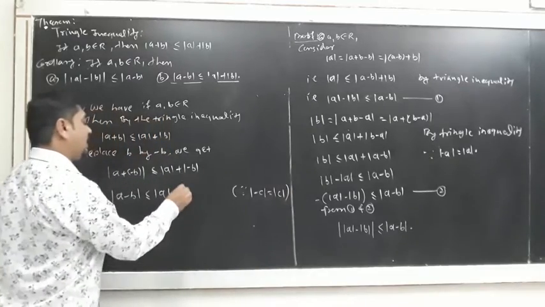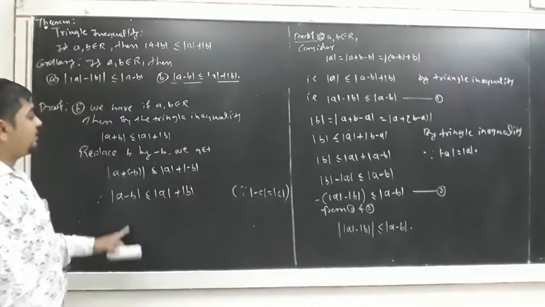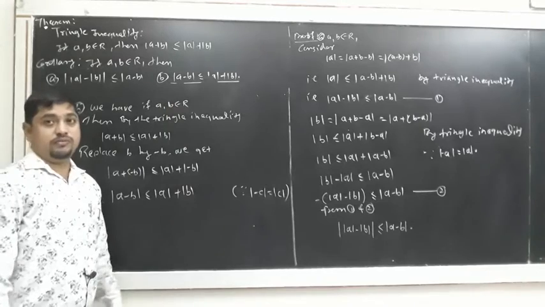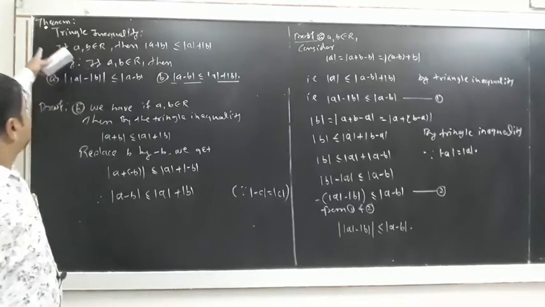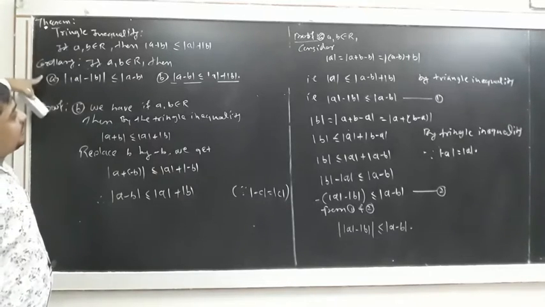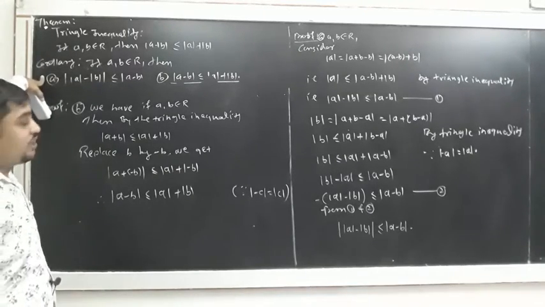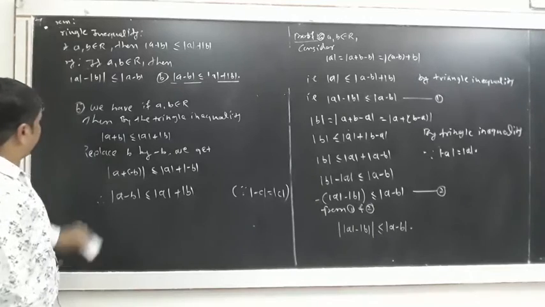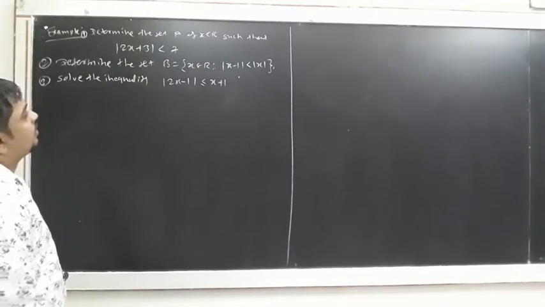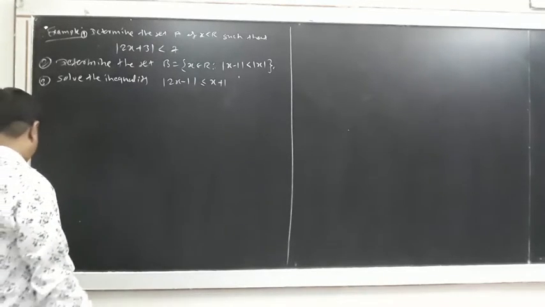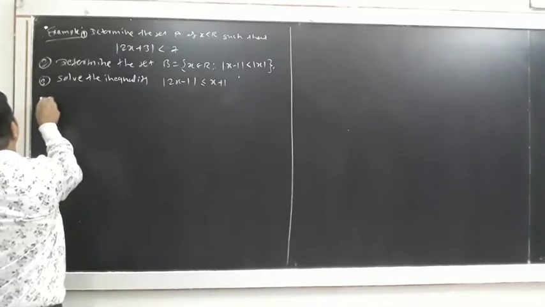Therefore we can write it as |b|, and this is our target. So all these problems and theorems are very important. Do practice. Okay, we will solve some problems on the above theorems or inequalities.